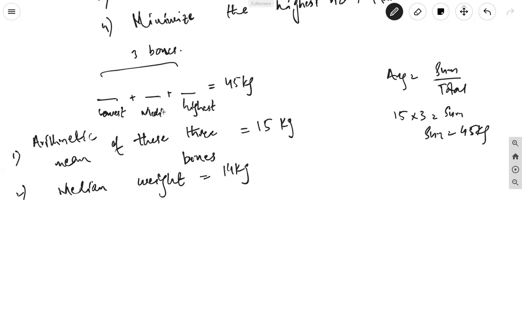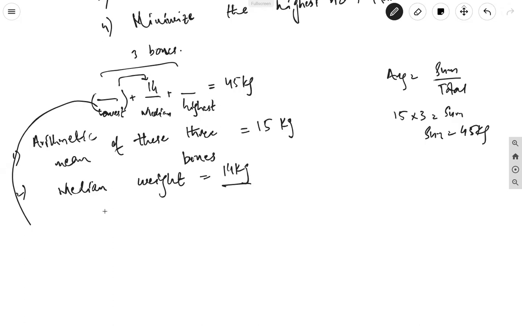If the median is 14, just place 14 in the middle. Now if the question asks what could be the maximum value of the lowest weight, and we need to maximize this, how can we do that? The maximum value of the lowest weight could be equal to the median, but it can't exceed the median. If it exceeds the median, our condition that the median weight is 14 will not hold.